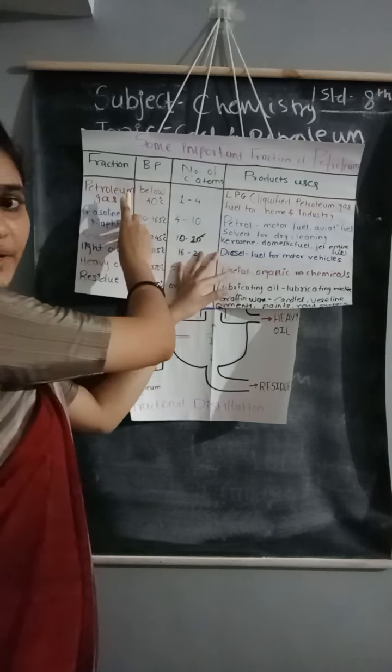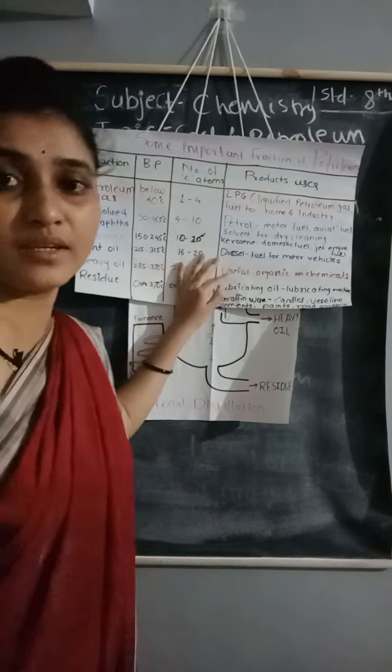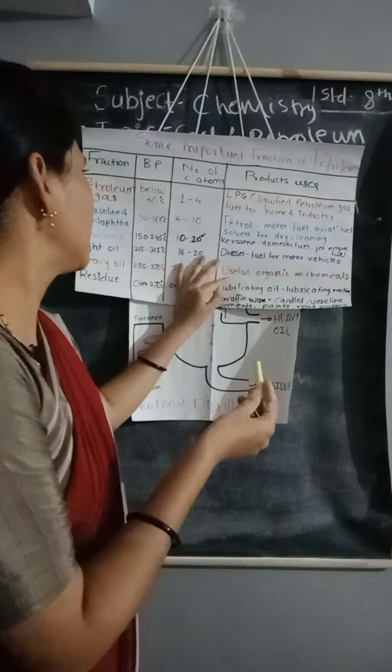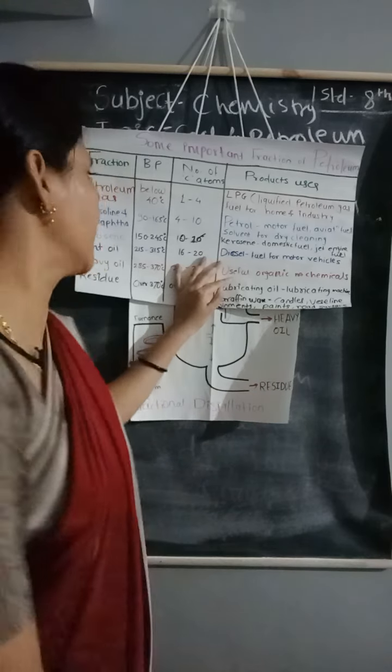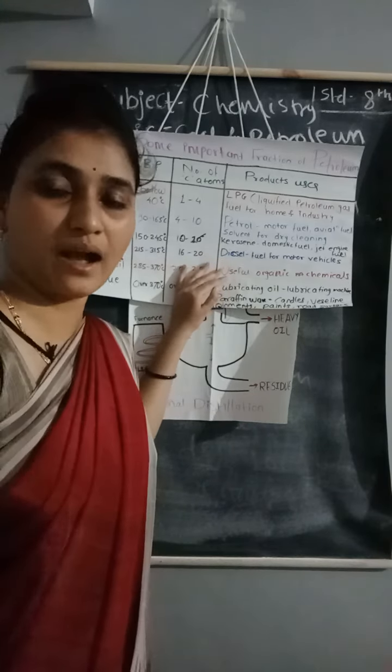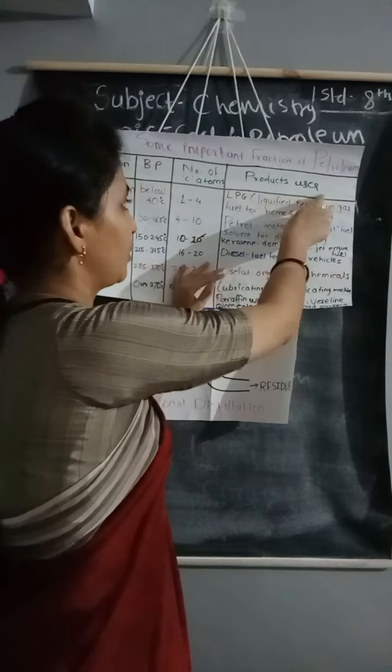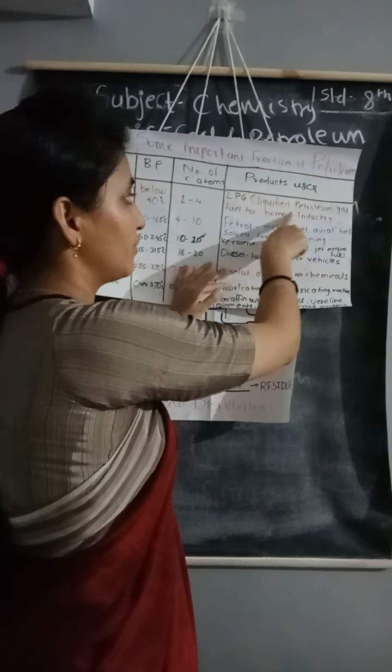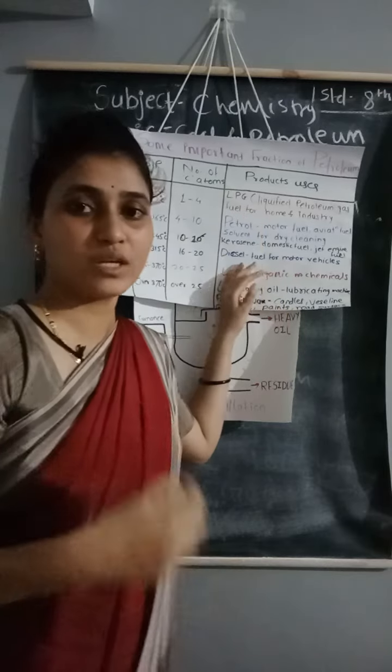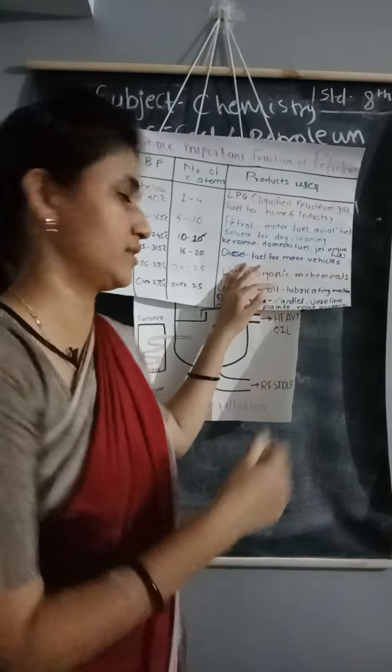First, petroleum gas has a boiling point below 40 degrees and 1 to 4 carbons. Its products are LPG, liquefied petroleum gas fuel, used in homes and industry.